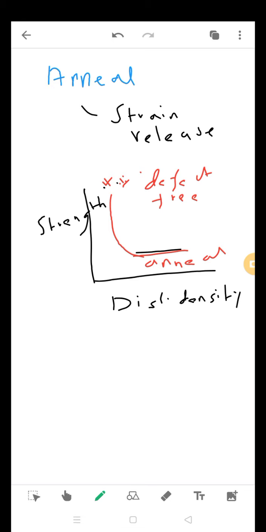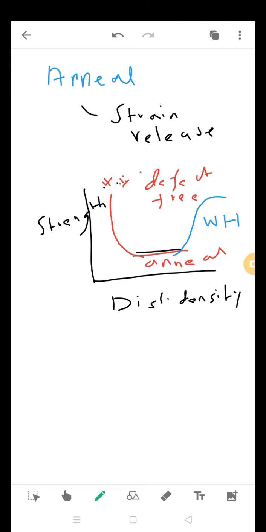However, if we further work harden or plastically deform, the strength again increases, and this process is called work hardening. That means you create a sufficient amount of dislocations due to plastic deformation that there is a restriction in movement of one particular dislocation, which causes an increase in strength in the crystal.